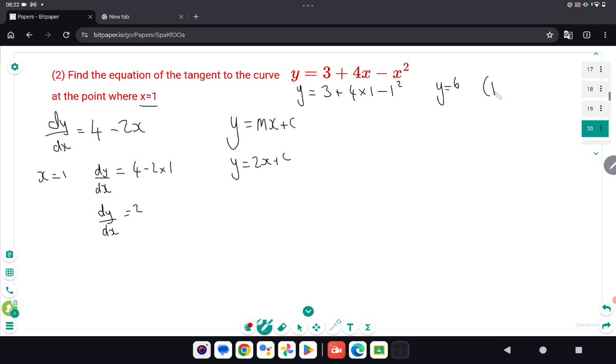So when x is 1, y is 6. So our y-intercept is 4. And our equation is y is equal to 2x plus 4.